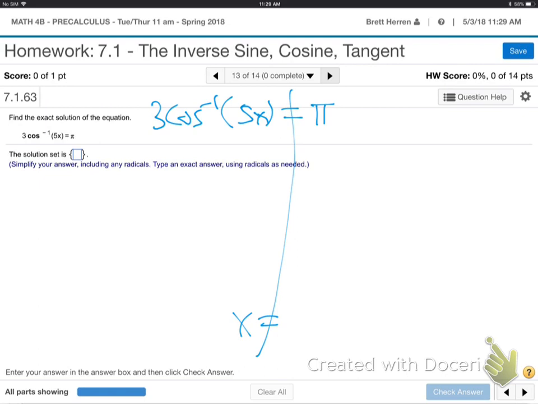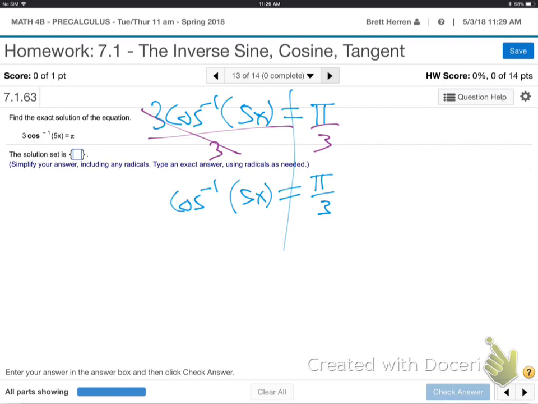First step's going to be divide by that 3, right? Get rid of that 3. Good to there. Now we're trying to get that x alone.